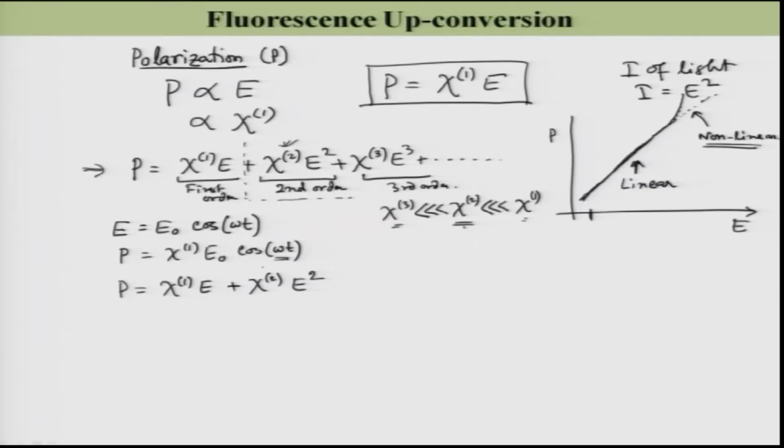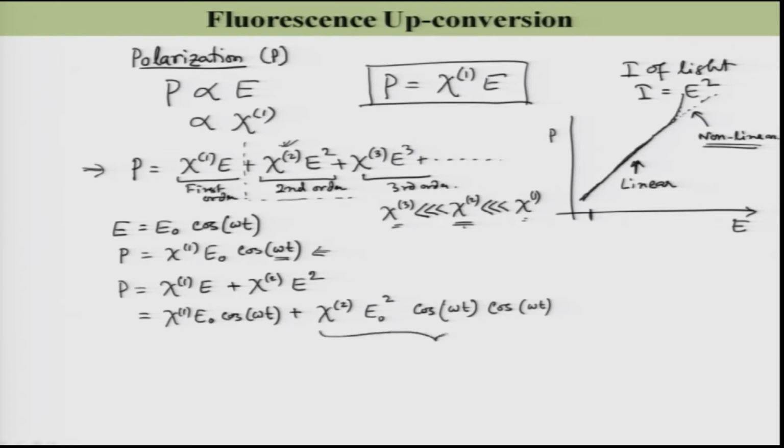Okay. Now, let us take the same functional form as what I have written over here. So, I will simply write chi 1 E 0 cosine omega t plus chi 2, here it will be E 0 square, right, and this is cosine omega t and again cosine omega t, 2 times. So, this is like a cos A cos B type of formula.